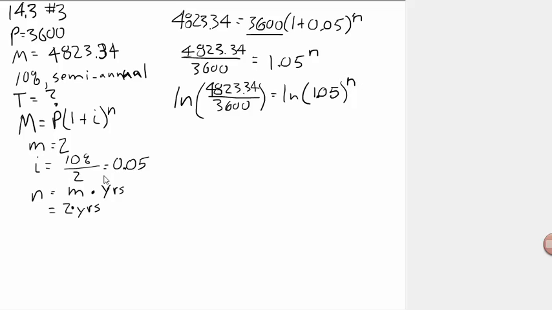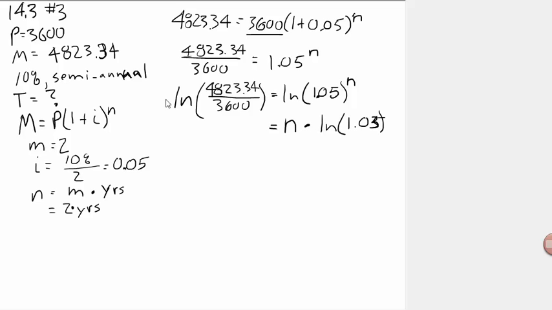And now here's the neat thing. I explained in class, and I probably should have given you a little equation for it, that when we take the natural log of a number raised to a power, it's the same as bringing that exponent down and multiplying it by the natural log of the number without the exponent. So all I've done is taken the n, put it out front, multiplied by the natural log of 1.05.